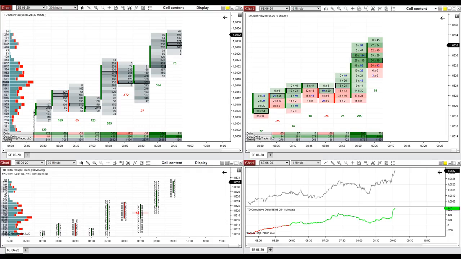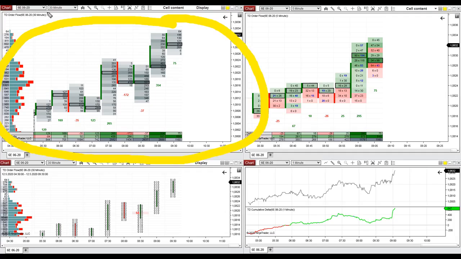Before we actually start with the first example, let me show you an order flow trading workspace which I created. On this chart I use a 30-minute time frame, and I use the volume cell content. This chart is really important because it shows the bigger picture.